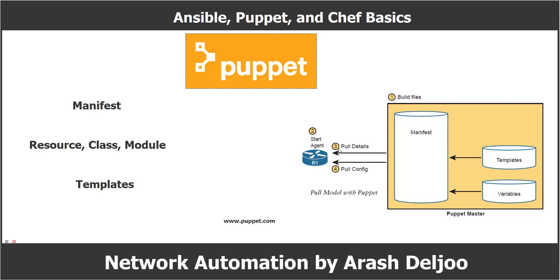In step 3, the agent pulls manifest detail from the server, which tells the agent what its configuration should be. And in step 4, if the agent device configuration should be updated, the Puppet agent performs additional pulls to get all required detail, with the agent updating the device configuration.